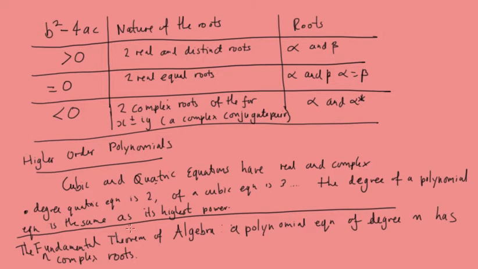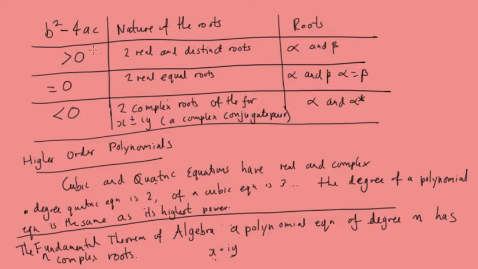Now, when we think about complex roots, we're basically meaning any roots. So in that we could have, remember, for x plus i y, y might equal 0, and then we'd have a real root. So basically, with the fundamental theorem of algebra, if the degree of the polynomial is n, you're going to have n roots.